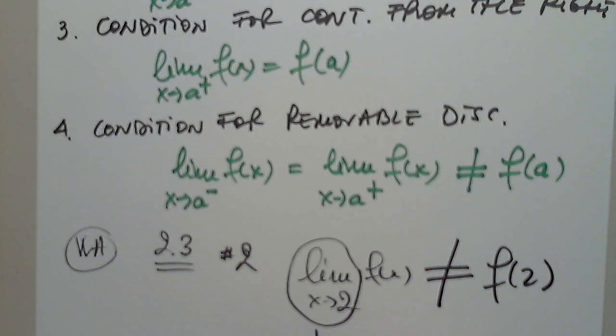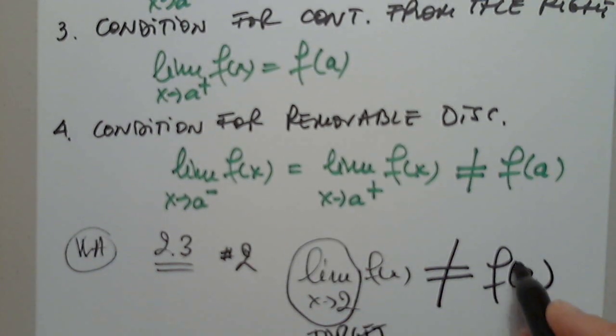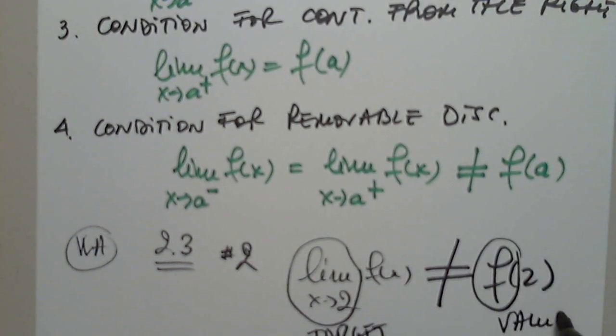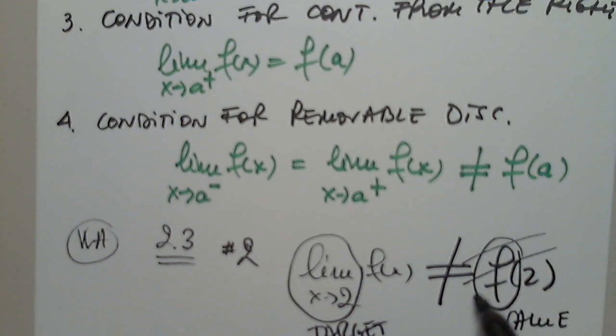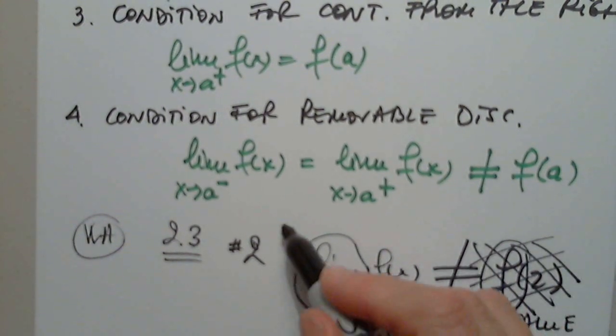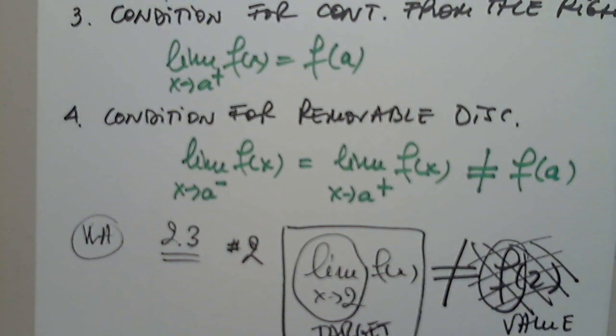This one says target, this one says value, evaluate. So when we look at the target, the target is 2. From the left of 2, the target is 2. From the right of 2, the target is 2. We're not asked to find the function value at 2. The function value at 2 is 1.